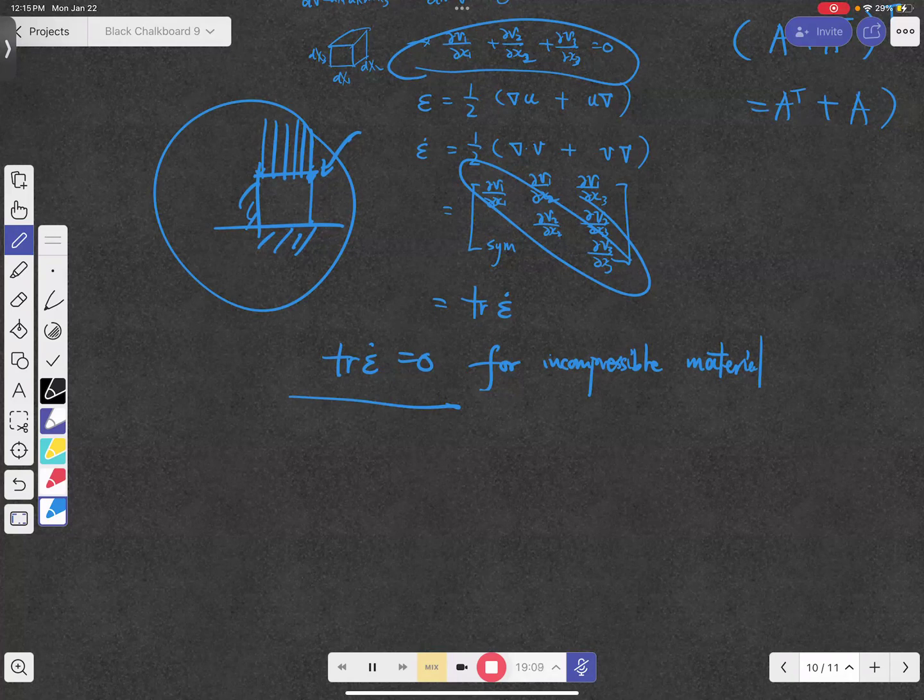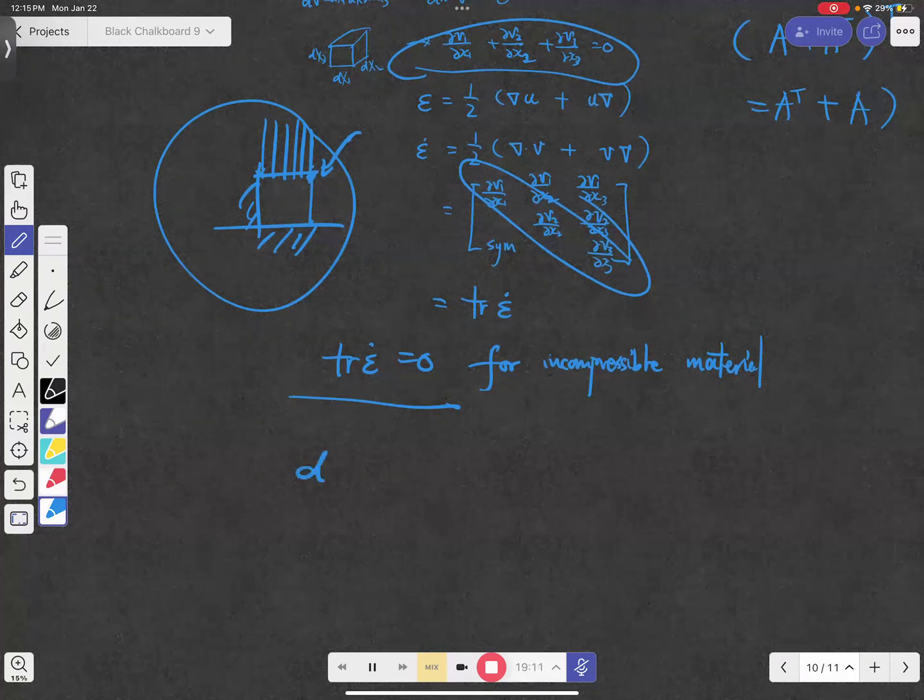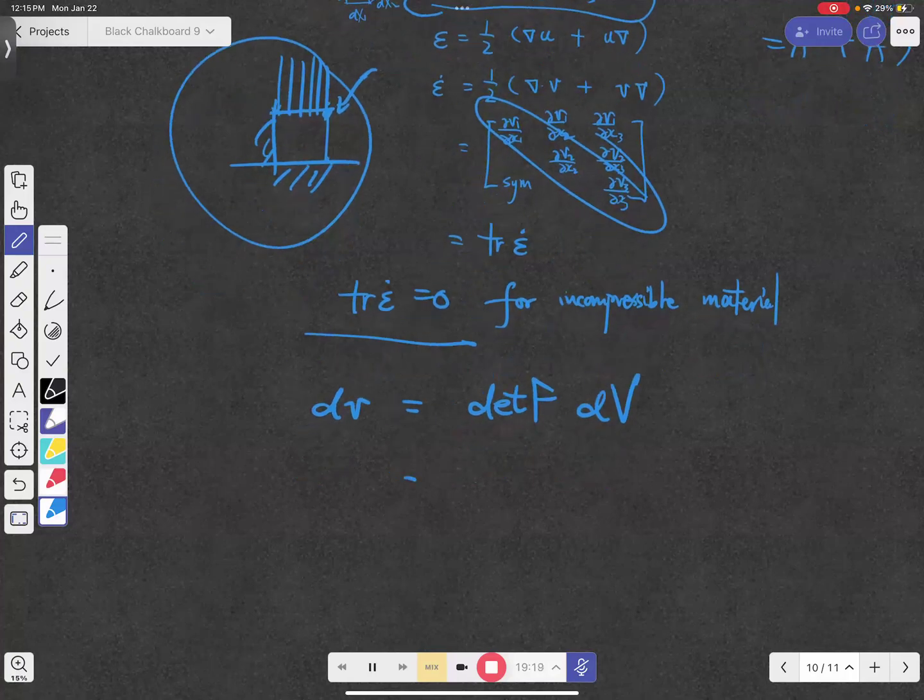There's another way. Now, you can write the current deformed volume as the determinant of F times dV. Sometimes you write J dV because J is the Jacobian.